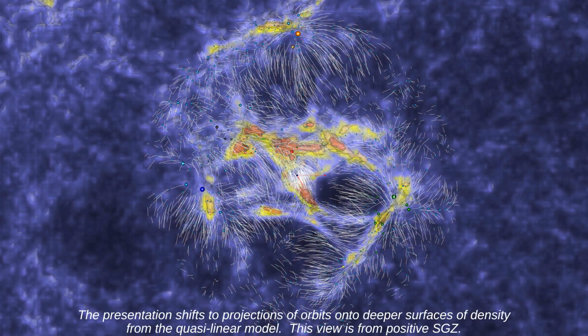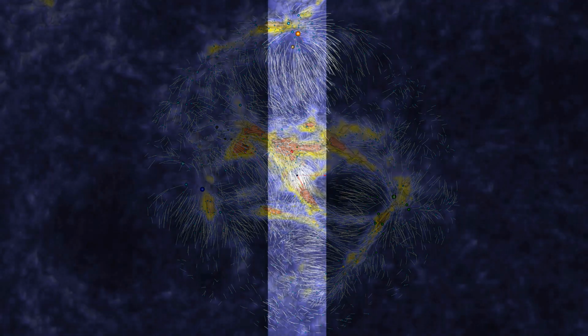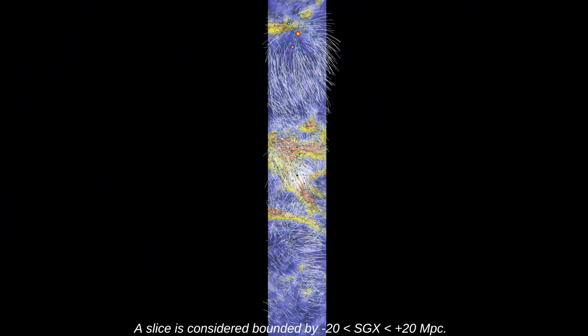The presentation shifts to projections of orbits onto deeper surfaces of density from the quasi-linear model. This view is from positive SGZ. A slice is considered bounded by minus 20 less than SGX less than plus 20 megaparsec.